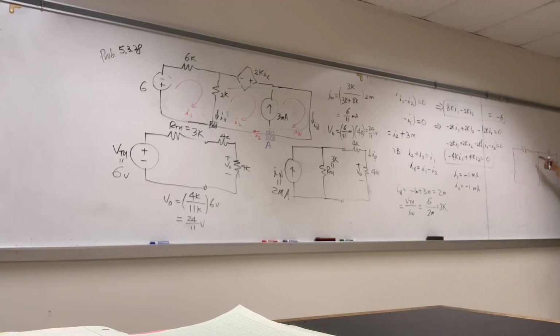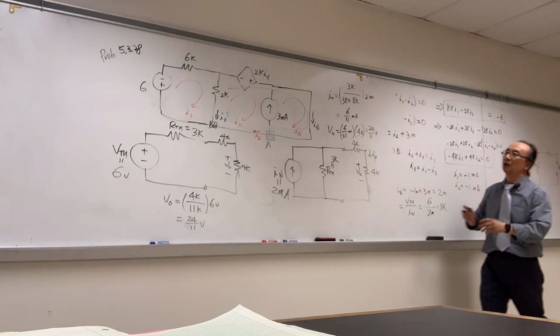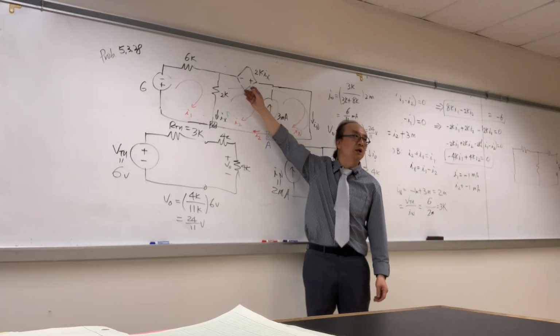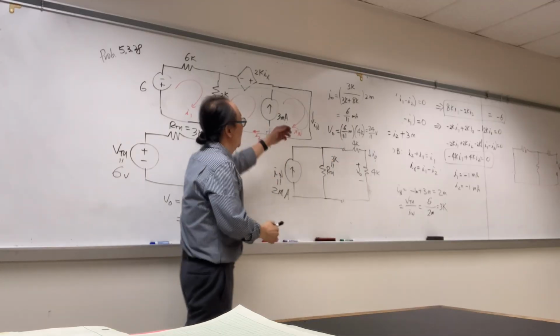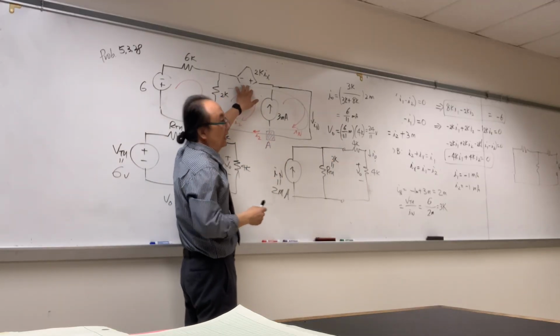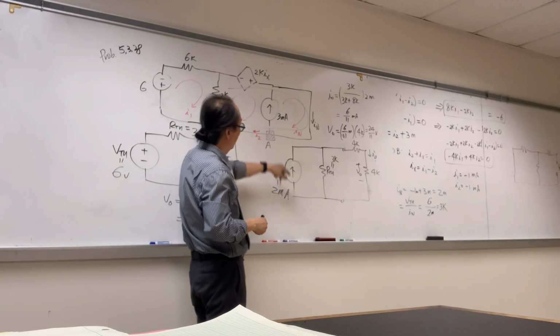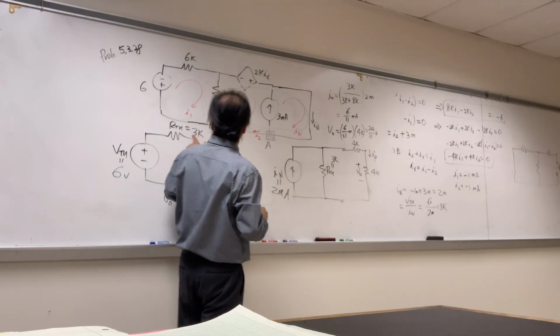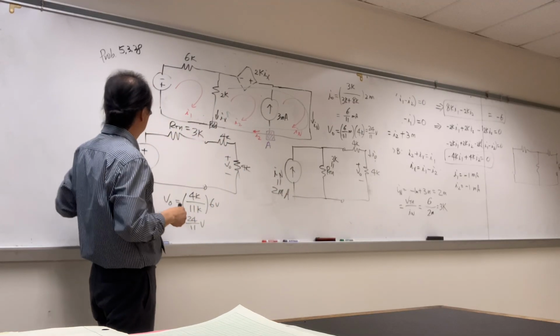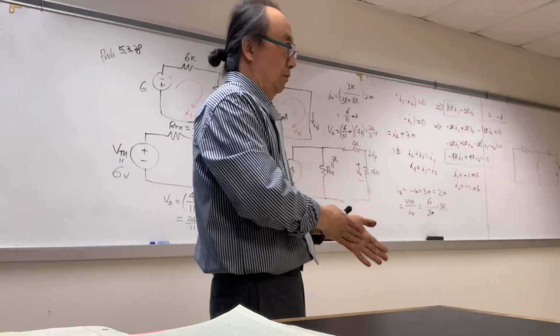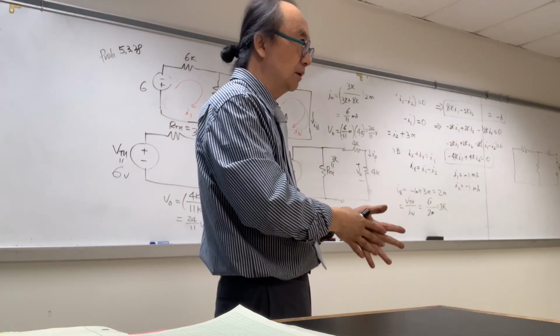Now everything is a resistor. So these two are in parallel. After you calculate that and the series, that's the RTH, right? However, we cannot turn off any dependent source. So basically, we cannot calculate RTH. That's why we have to find I sub n, so that RTH equals VTH over I sub n. We good? 100%? Okay.